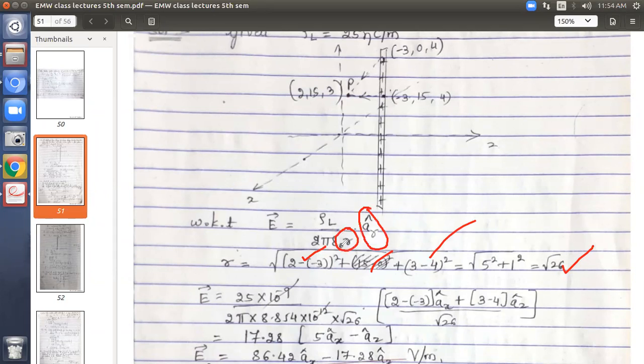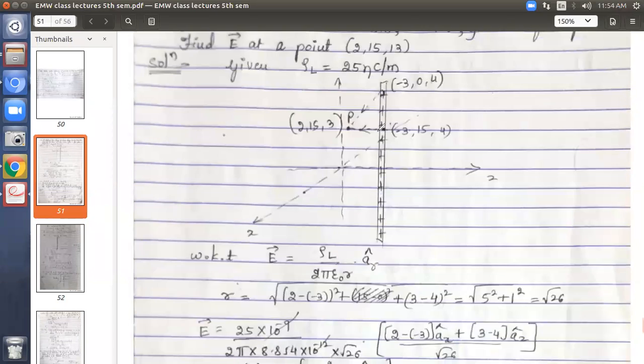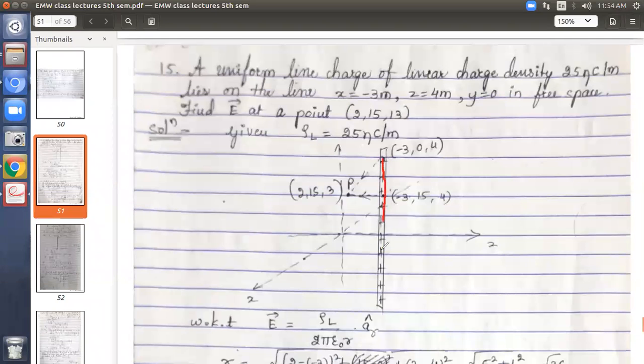Let's go for this unit vector. Let's see the direction. As all these line charges, we assume that all are positive, so the field lines will be diverging. So this is the direction. If you take the direction like this is your initial point, this is your final point. Make final minus initial. So what is final? It is this.